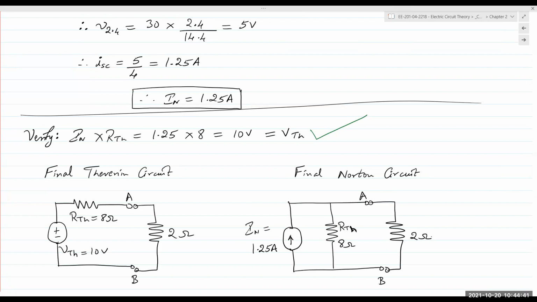That is RL. It doesn't matter what it is. RL could be any value. So this value did not affect our analysis at all. That is the load resistor RL.